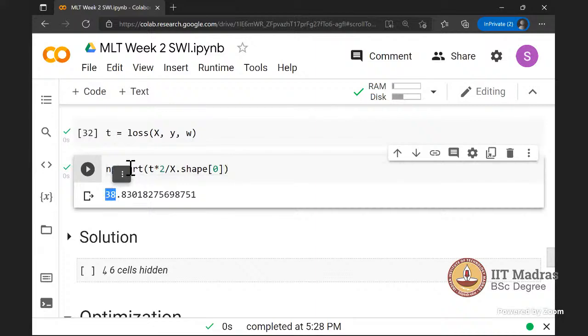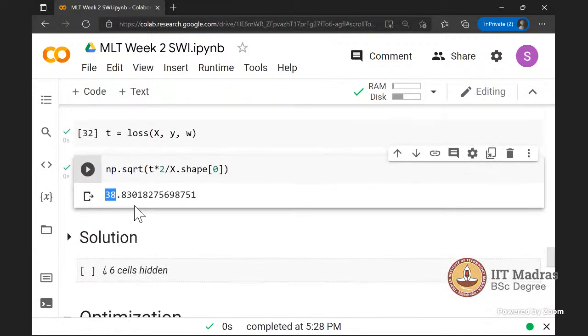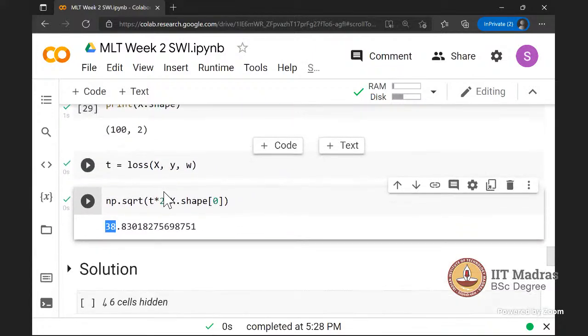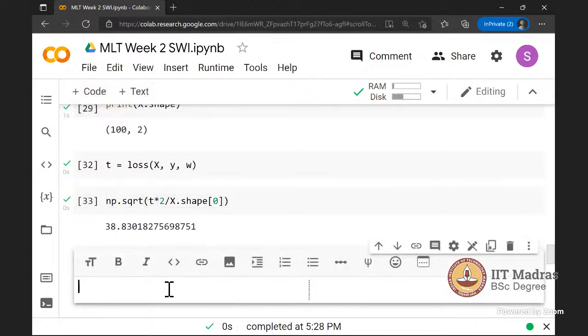On average, the prediction of our model that we just created is 38 units away for every point. So we can interpret it like this, and of course, it is not a very good model. Now let's guess another model and try to see if it comes close to our data. So let's take this.